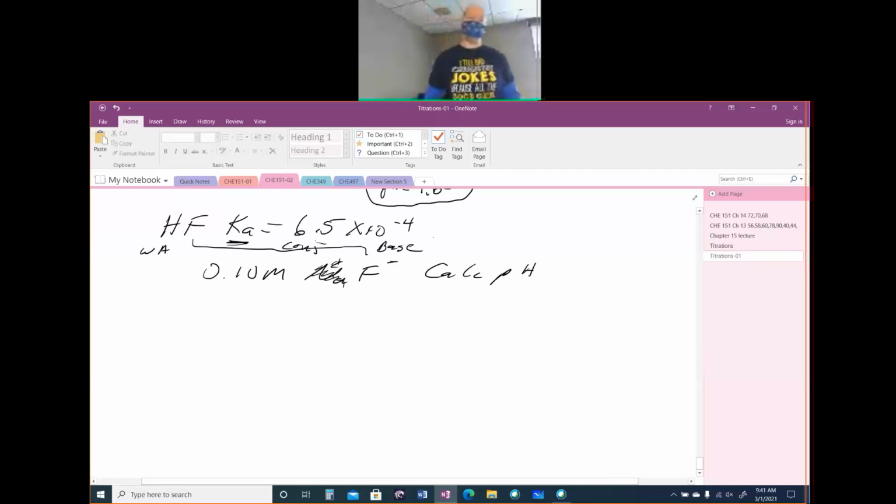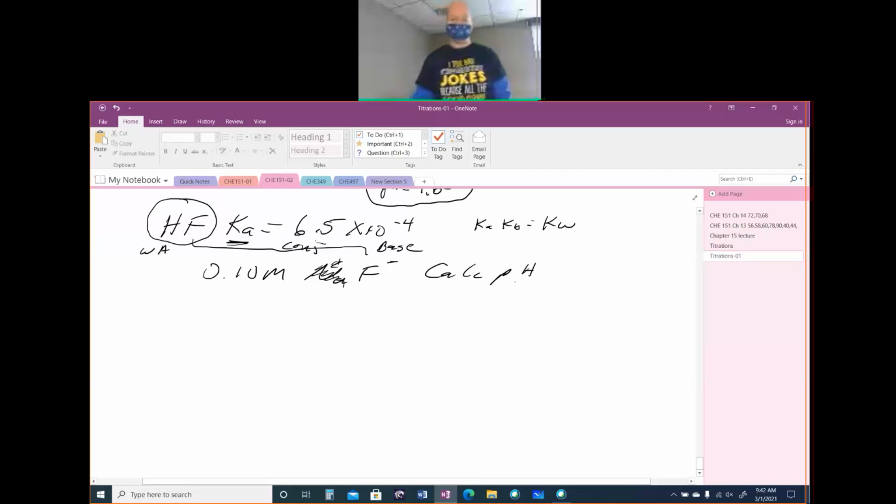All right, so in this case, we have the base and only the base. We have 0.1 molar F minus. It didn't say any amount of HF. It just said here's the Ka of HF. And what's the pH of 0.1 molar F minus? Again, you look on the chart for Kbs, there is no F minus listed. That's because they're not going to list them both. You're either going to have the Ka listed or the Kb listed, and if you need the other one, your Ka times your Kb is equal to your Kw.